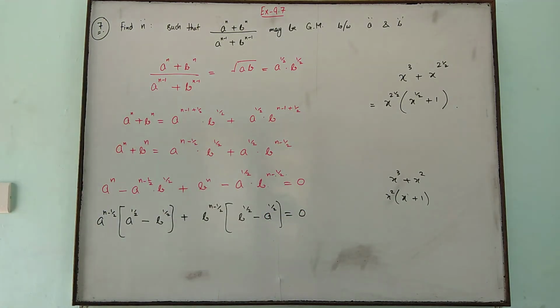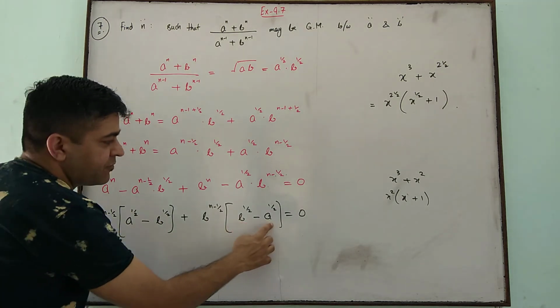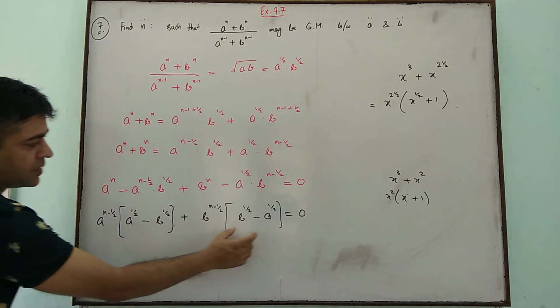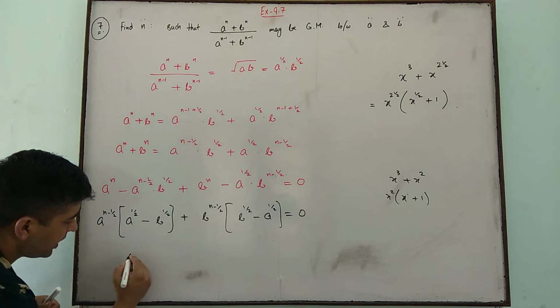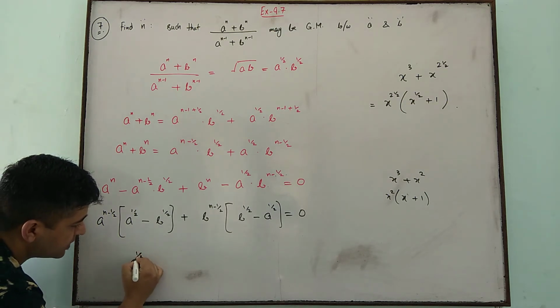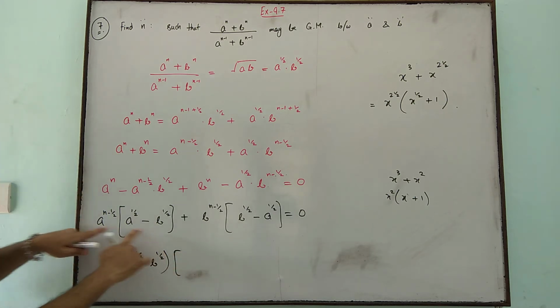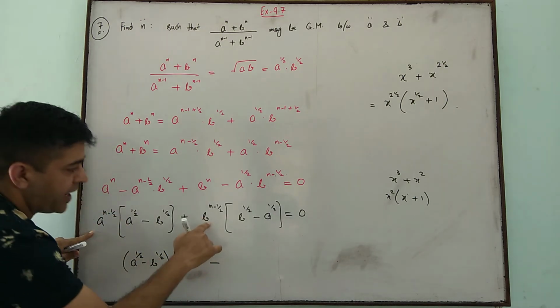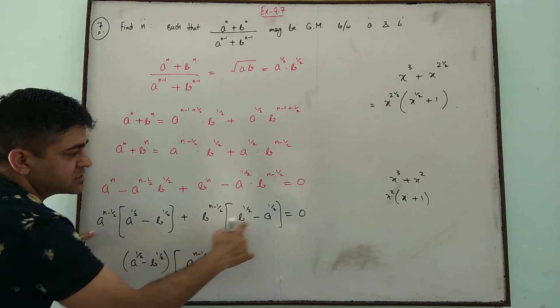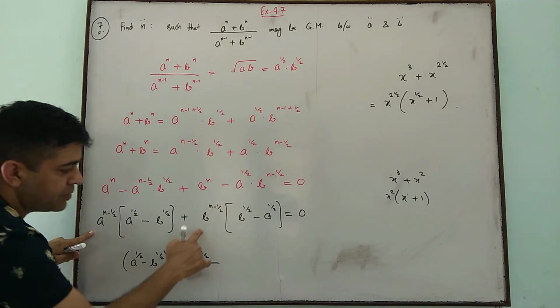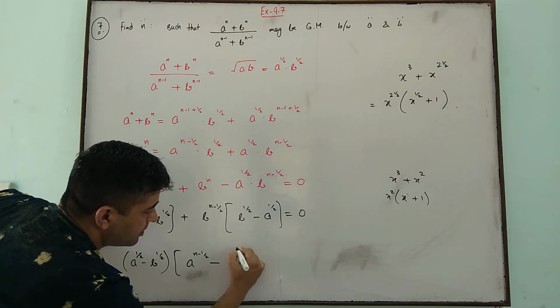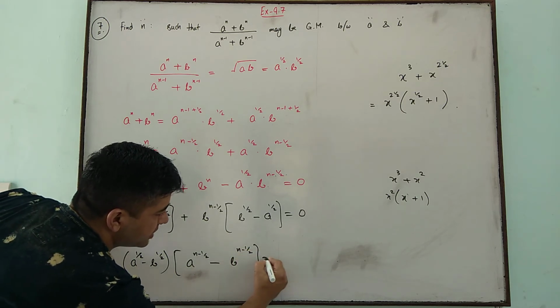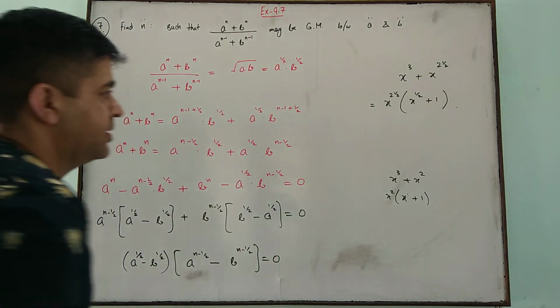Right? Now a half minus b half, this is just opposite. So if we take a half minus b half common, here it is left with a^(n-1/2), and this will be, in that case this is b minus a, we are taking a minus b common, so this will be negative b^(n-1/2), is equal to 0.